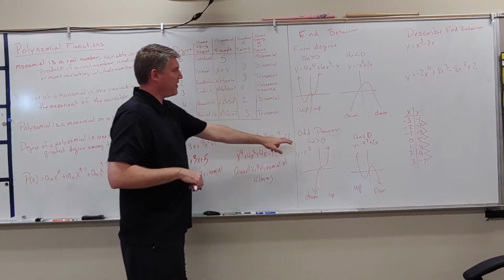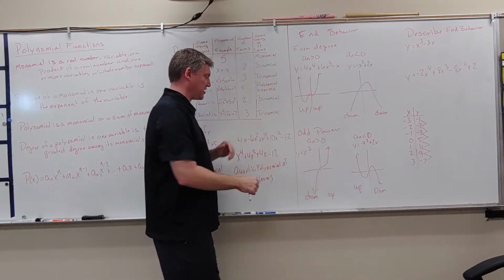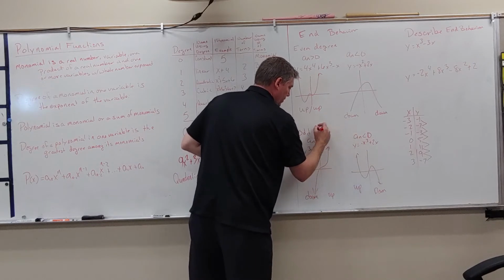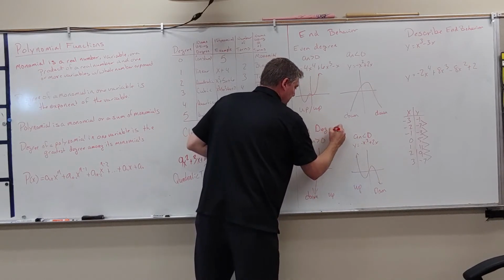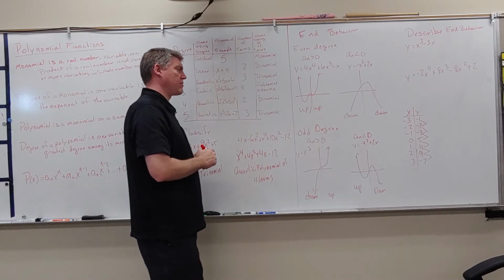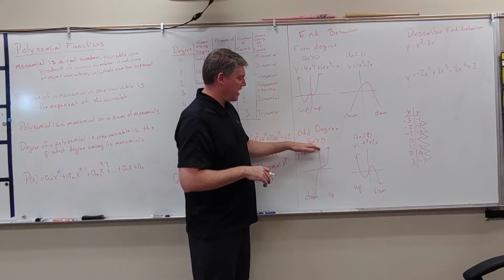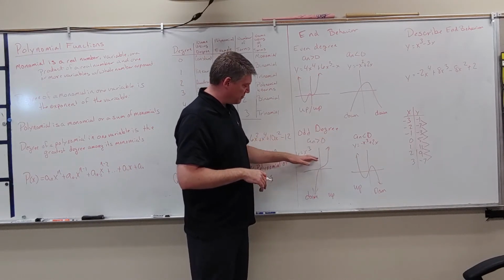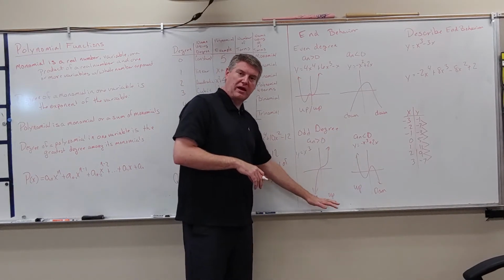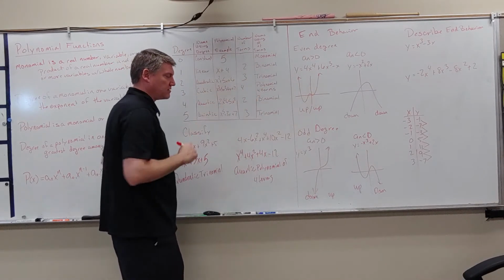Now, if I have an odd degree or an odd power here, it should say degree. So if I have an odd degree, so that's like cubes, linear, x to the fifth, and so forth. If a sub n is greater than 0, so that would be like x cubed, I'm down and up. I always talk about them left to right.